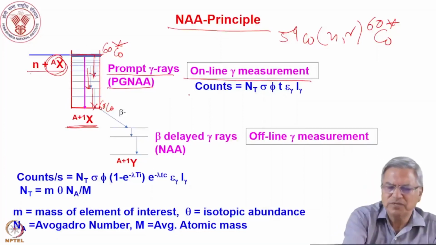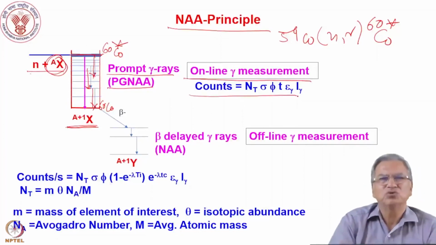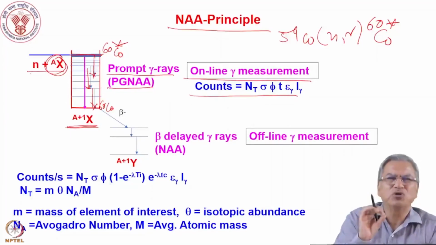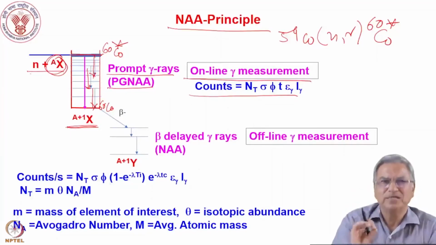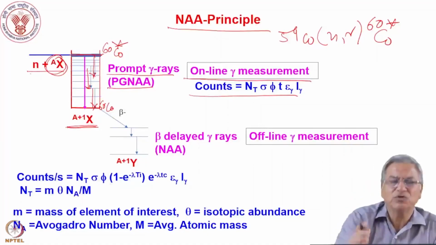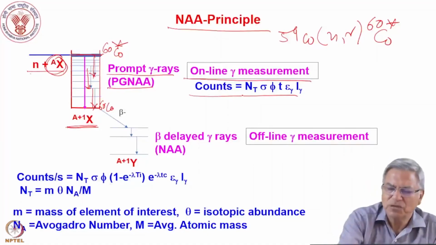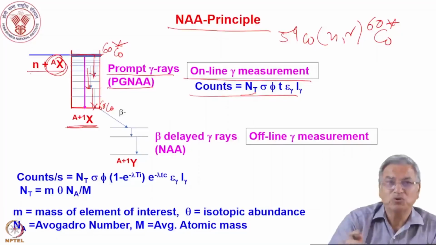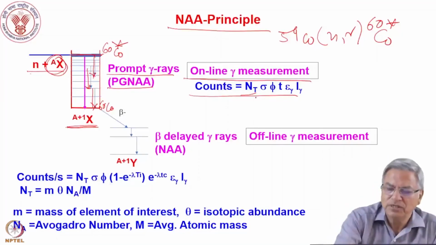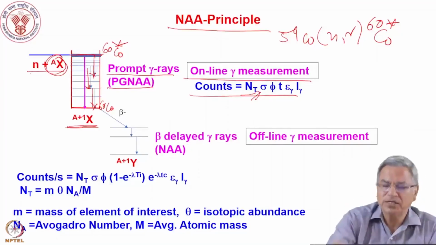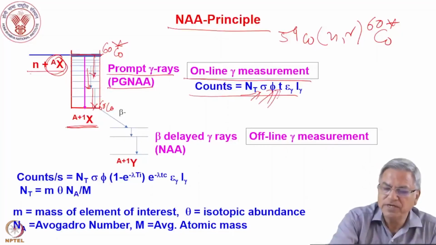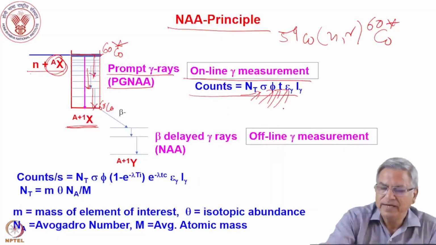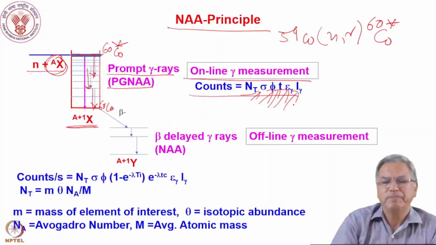In such a situation, in PGNAA, suppose your irradiation is going on, and you count the sample for, let us say, half an hour. The counts that you will get in that half an hour depend on the number of target atoms in the sample, because all atoms are being exposed, the cross section for the neutron capture, the flux of the neutrons at that position, the time of irradiation, the efficiency of detection of the gamma ray, and the intensity of that gamma ray.